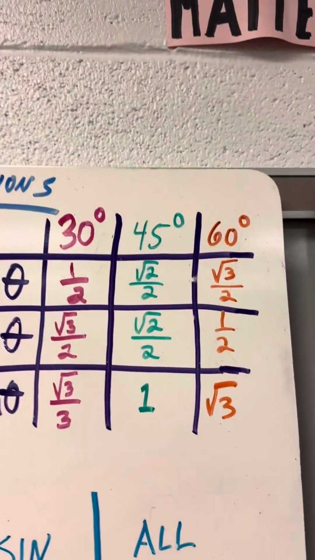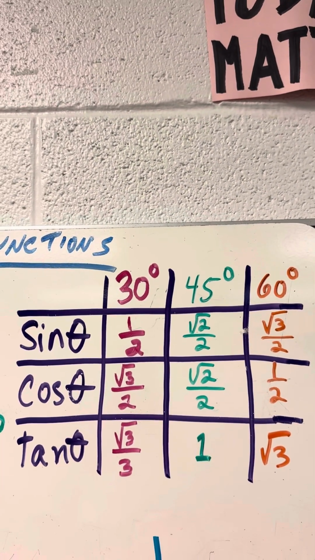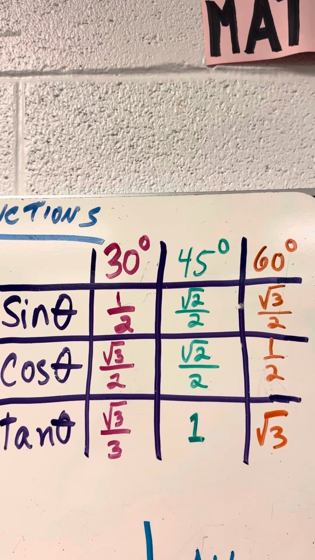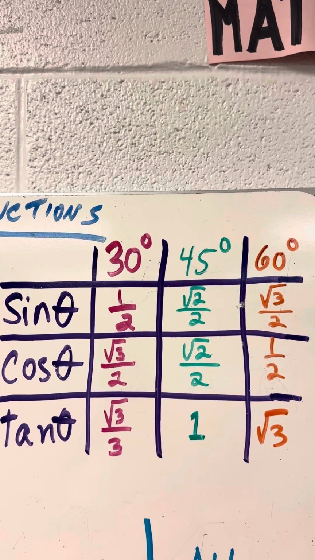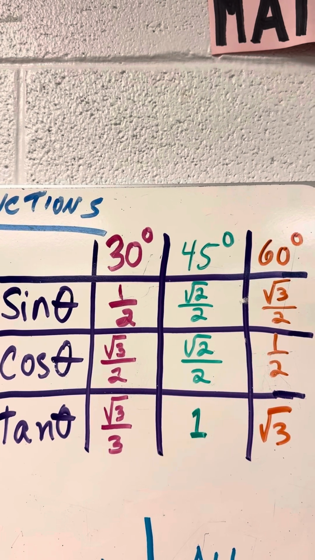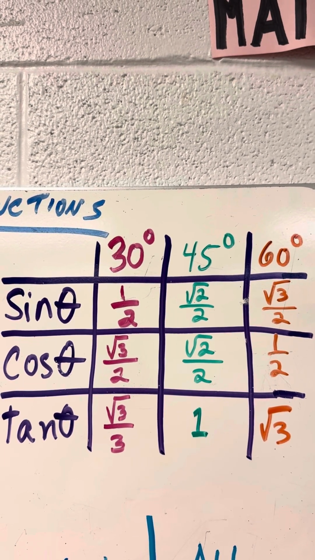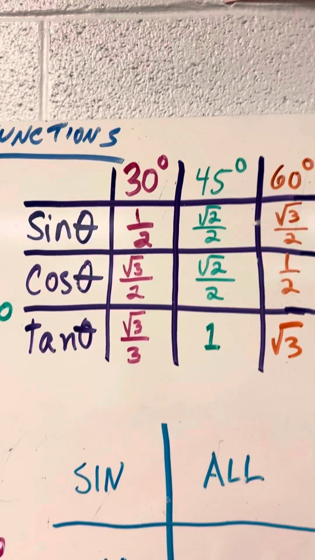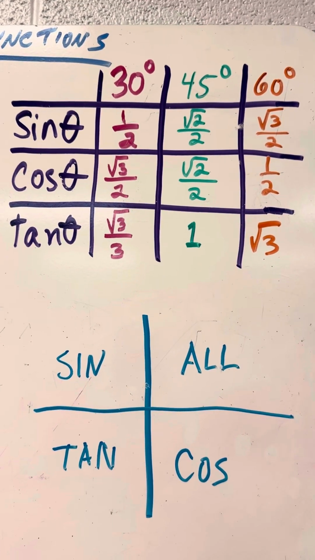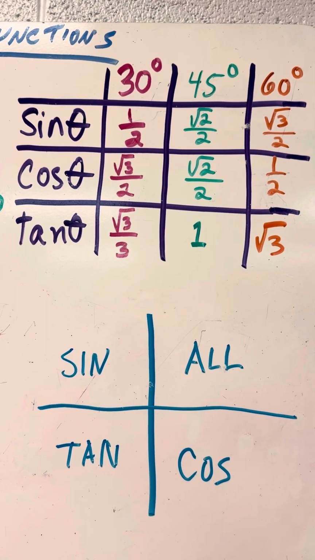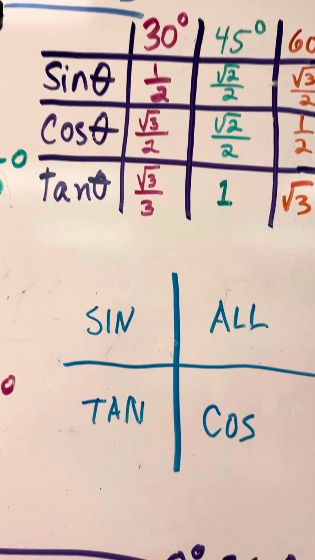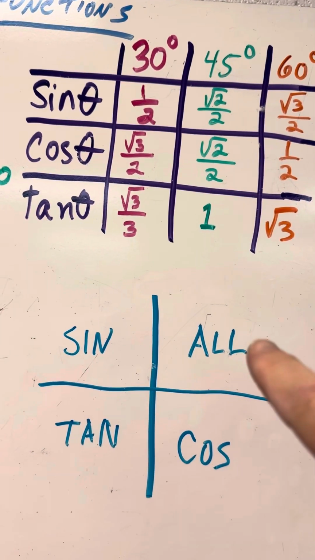So what you have to do is take a picture of this. I just did this for you. You need to use this for today's assignment, okay? So pause, whatever you need to do, take a picture, take a screenshot. You need a picture of this, and you also need this: where are the trig functions positive? All of the trig functions are positive in the first quadrant.